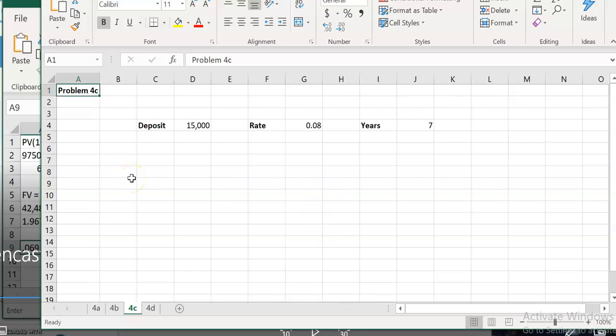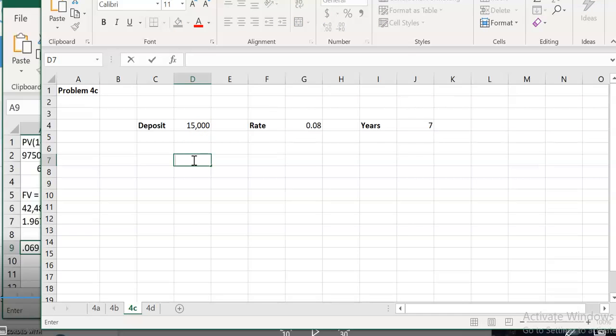And so I did problem 4C for this chapter. We're going to be finding the present value from the future value, or finding the initial deposit. And so we know that this initial deposit now is equal to 15,000.